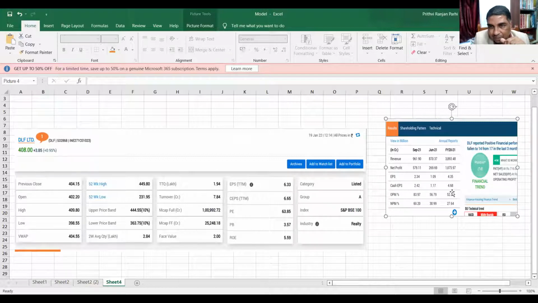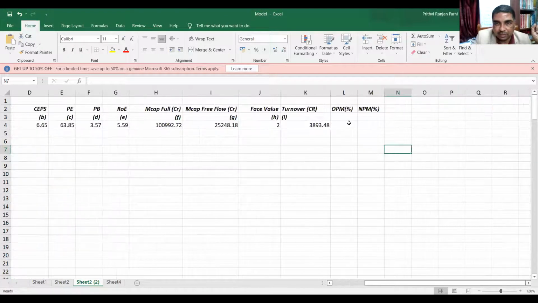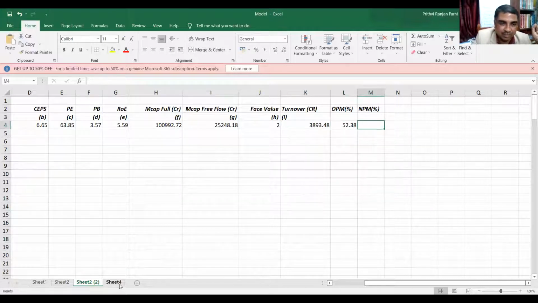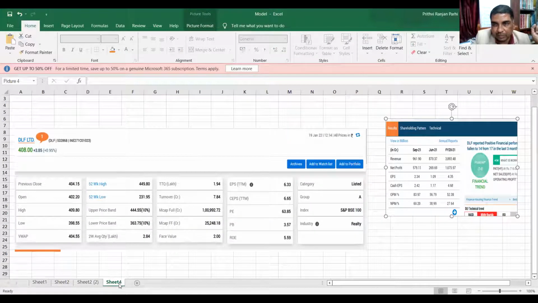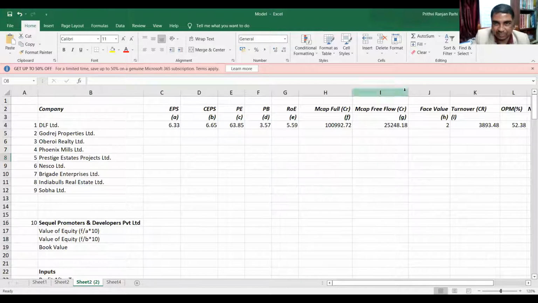OPM percentage, how much? 52.38 and 27.64. Okay, now we got a substantial amount of data. That's good.